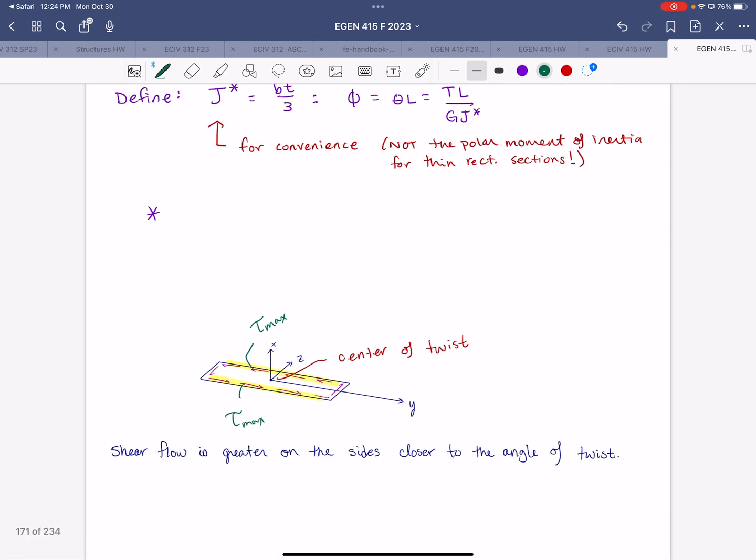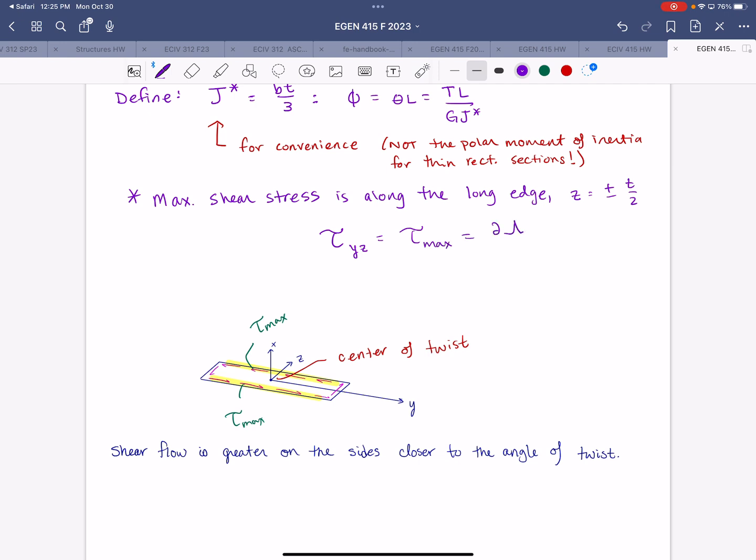And my note below, I guess I didn't finish writing my previous point, so say the max shear stress, so that would be shear stress in the YZ plane, which represents the partial derivative of lambda with respect to z times G theta t.